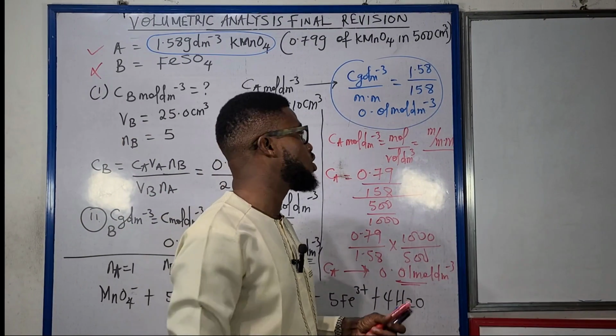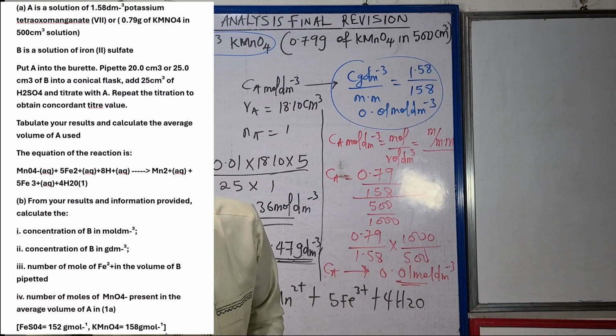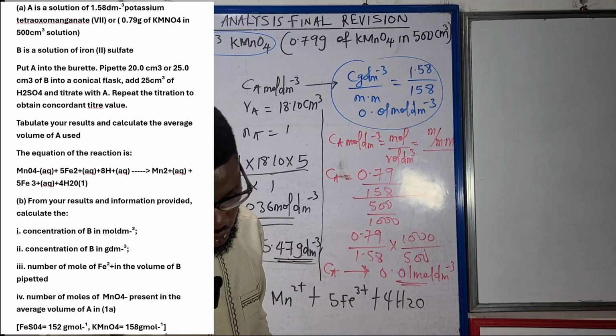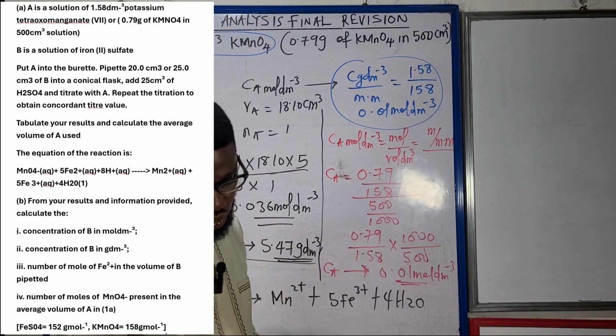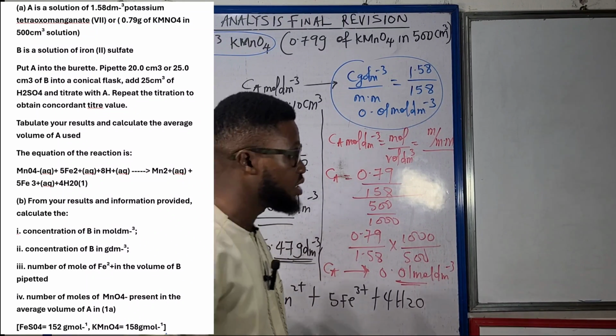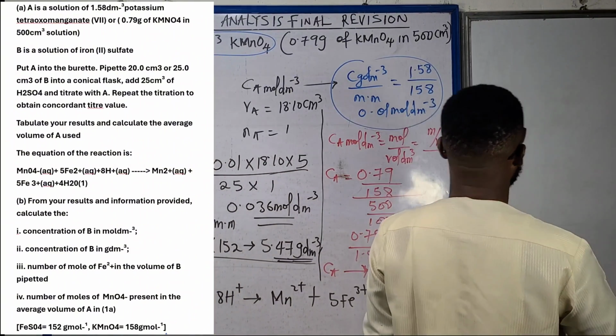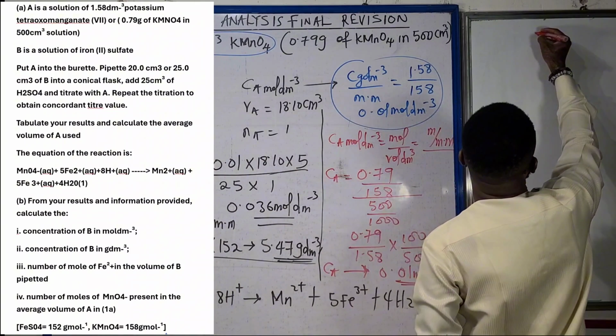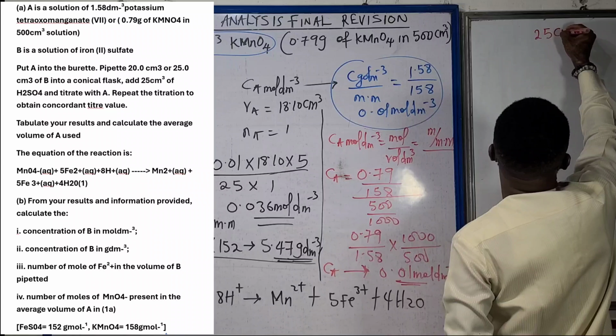So moving on, for question Roman figure B3, we were told to calculate the number of mole of iron 2 ion in the volume of B pipetted. What is the volume of B pipetted? Volume of B pipetted is actually 25 cm cube.